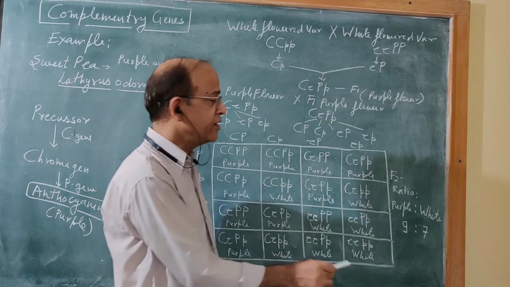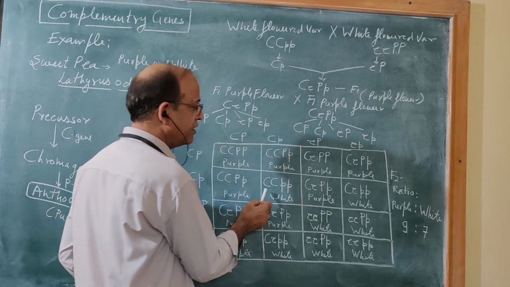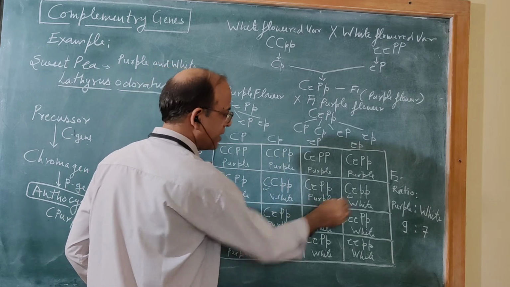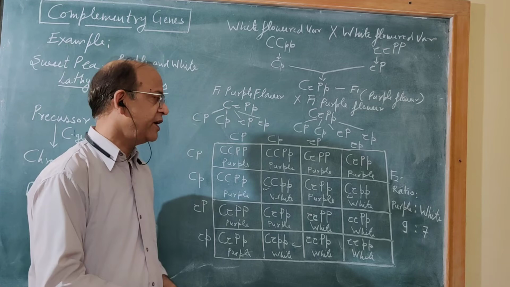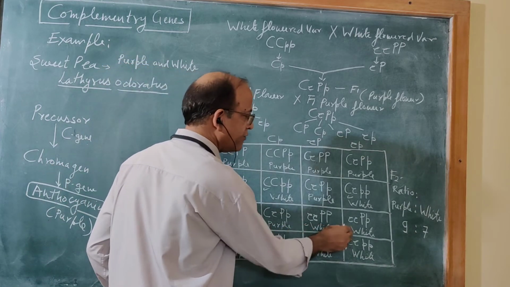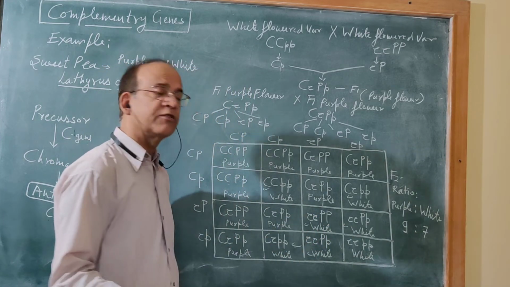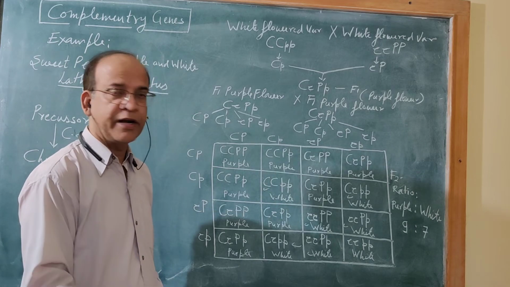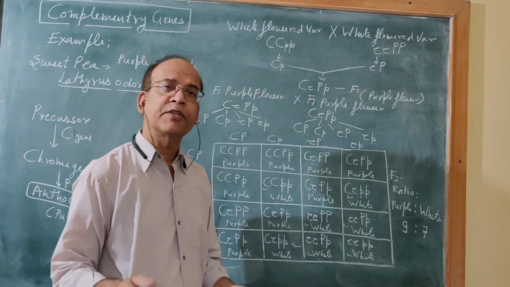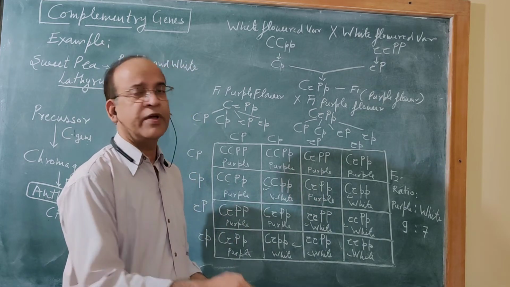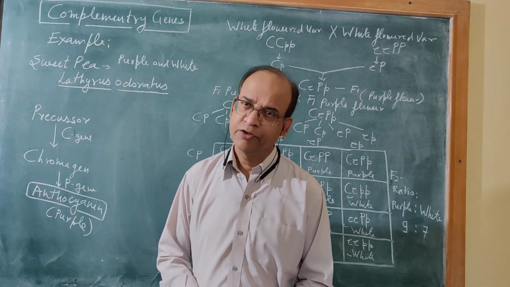Out of these 7, 3 are white because of the absence of dominant P, and 3 others are white because of the absence of dominant C gene. And this particular one is white because of the absence of both dominant C as well as P.